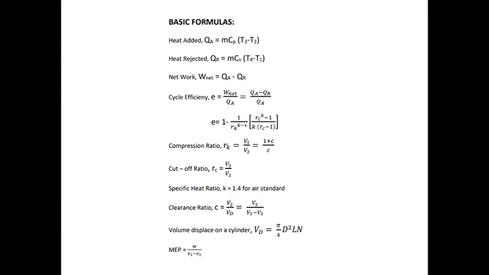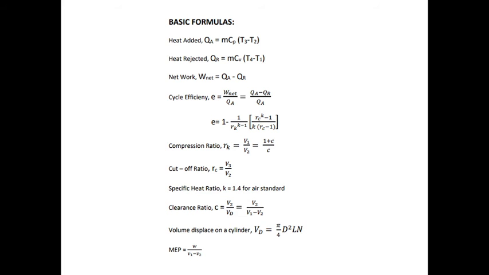So here are the basic formulas for the diesel cycle. So for the heat added, QA is equal to M times constant pressure times T3 minus T2, since the heat addition happens from point 2 to point 3 where the combustion starts.